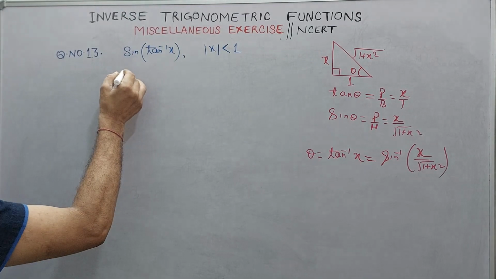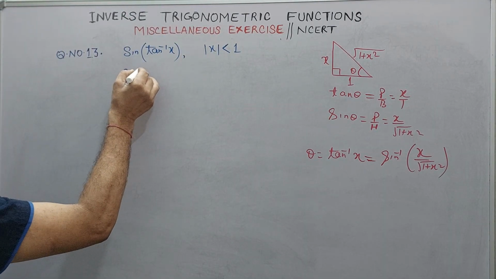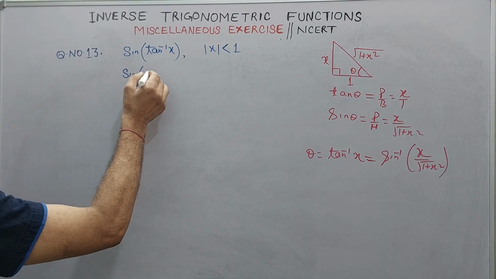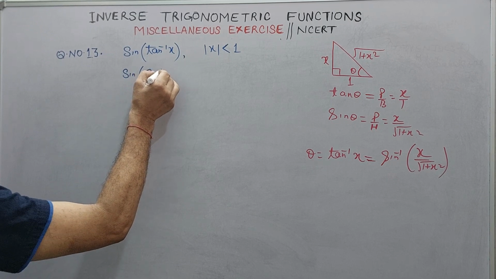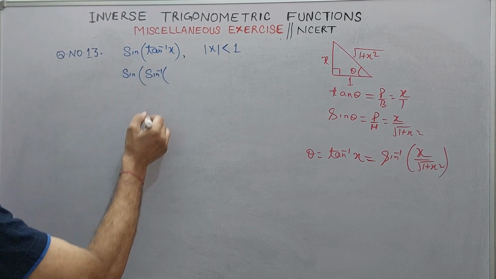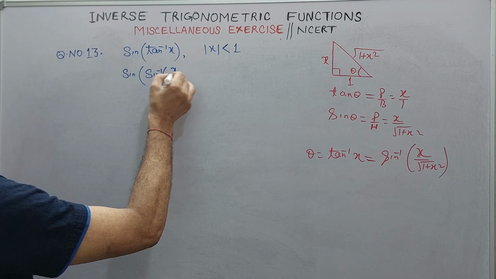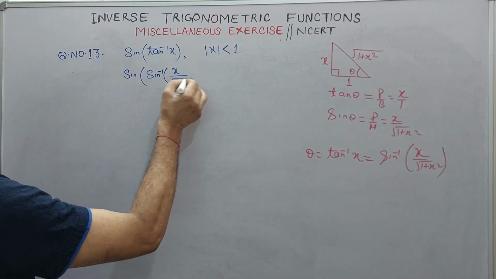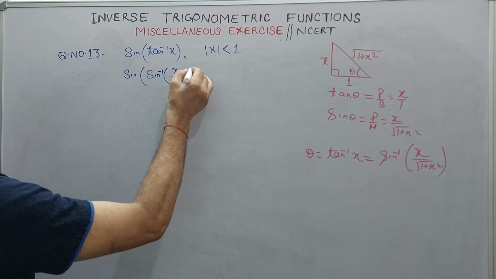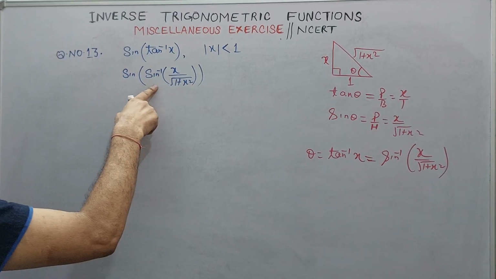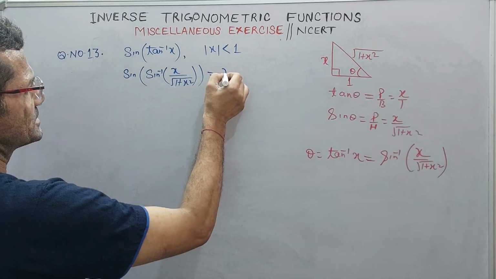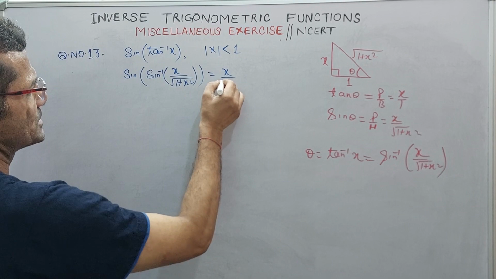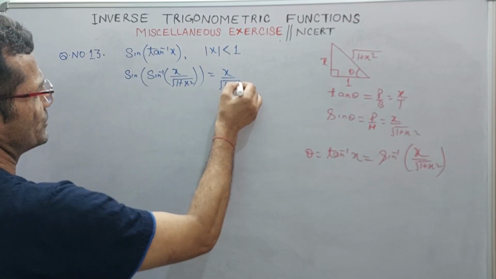So now this expression is changed, sin of sin inverse of x divided by root 1 plus x square, bracket is closed. Now sin and sin inverse cancel out, finally the answer comes out x upon root 1 plus x square.